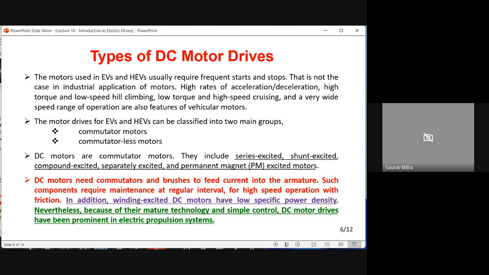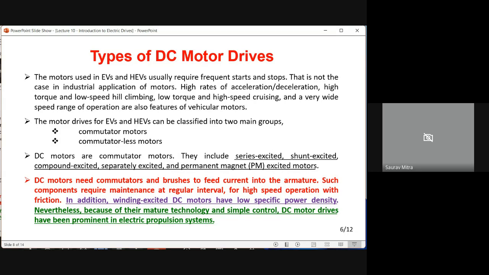In addition, winding excited DC motors have low specific power density, because we are creating an electromagnet. We give supply to coils which are very bulky, very big, and they create the magnetic flux. So this big and heavy coil reduces the overall power density of the motor.